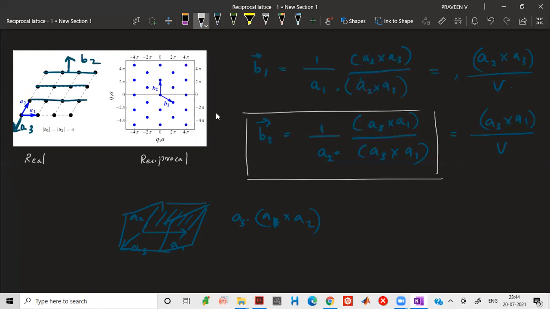So we consider a vector A3 cross A1, that will be perpendicular to both A1 and A3, and we just need the magnitude. So we take a dot product in the denominator. This particular term, A3 cross A1 divided by the magnitude of A3 cross A1, will be the n cap, a unit vector perpendicular to the directions A1 and A3.